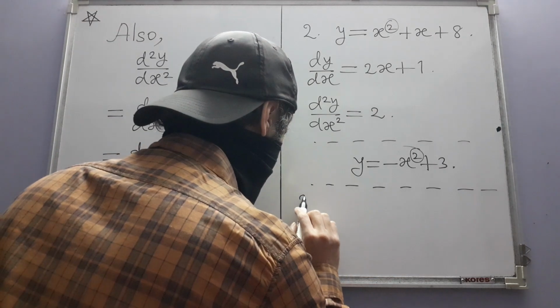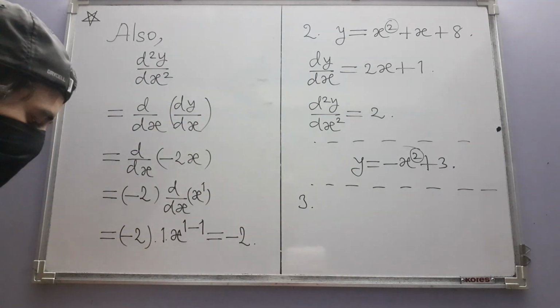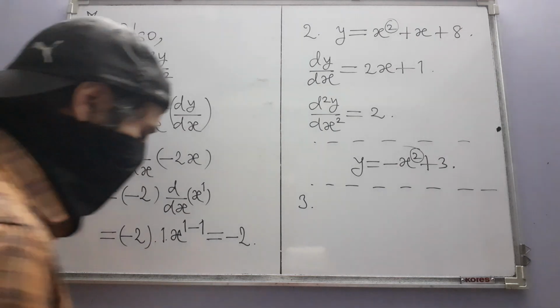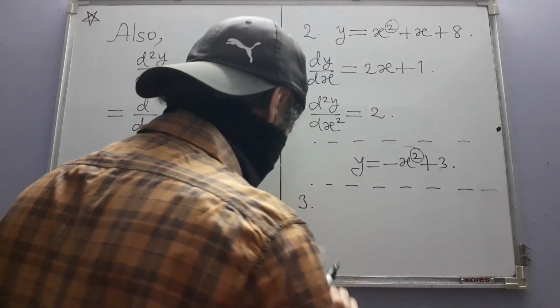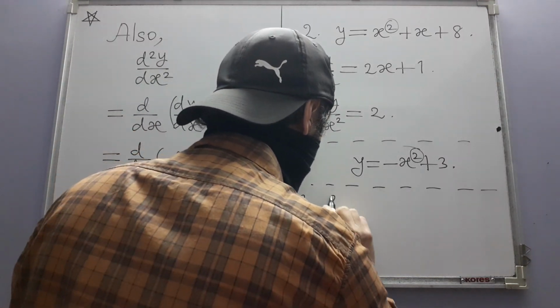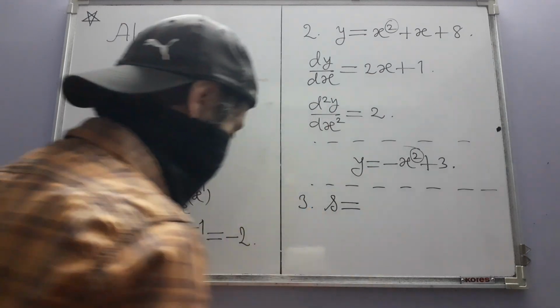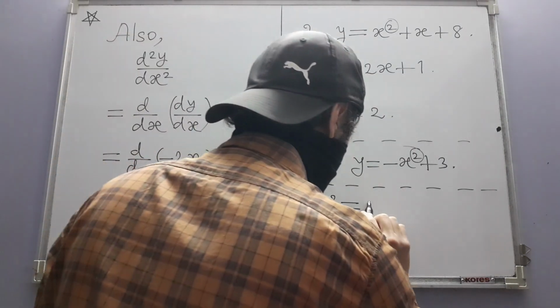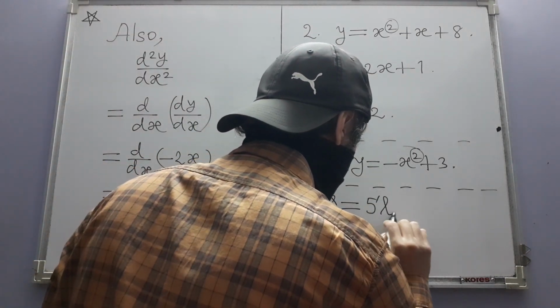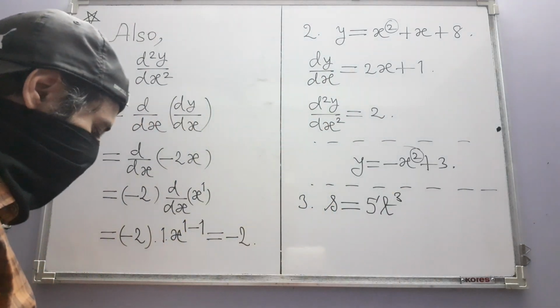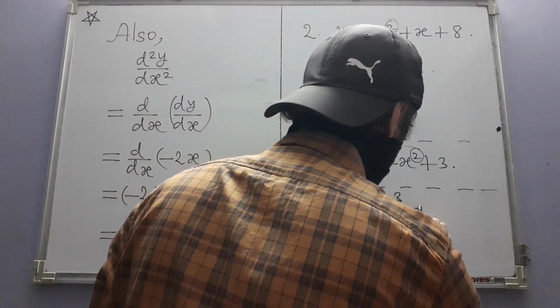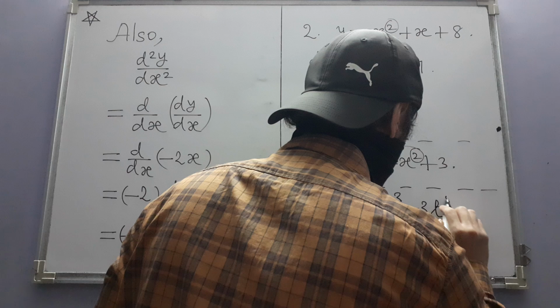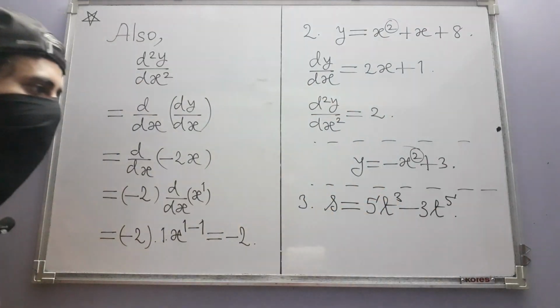The third one, here the variable names have been chosen differently, they are not y and x. The dependent variable is s and the independent one is t. 5t cube minus 3t to the power 5.